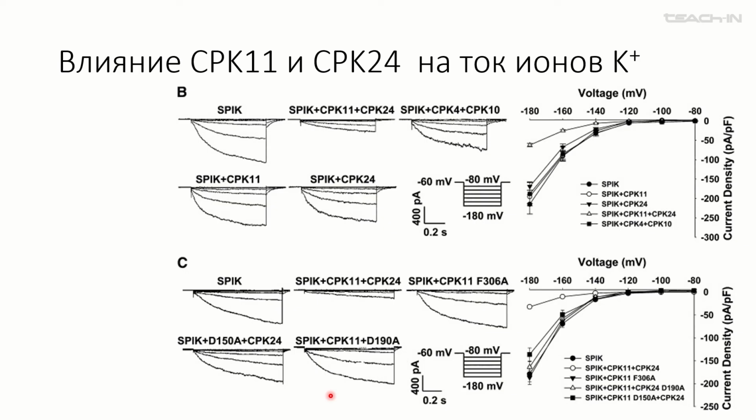Наибольшее ингибирование мы наблюдаем, когда CPK-11 и 24 вместе с этим каналом присутствуют на мембране. С другими киназами, например CPK-4, ситуация примерно такая же, как когда канал сам по себе.